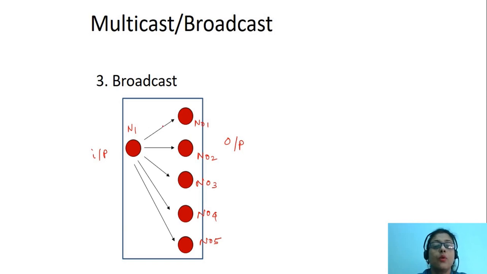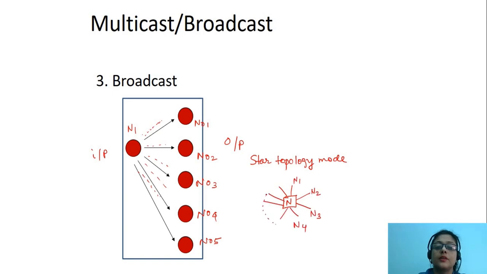Broadcast means whatever data N1 sends will go to all the nodes which are connected to node N1 without any specific node. Broadcast mainly works in the star topology mode of connection. Like we have a single node and to which all the other nodes are connected and so on.